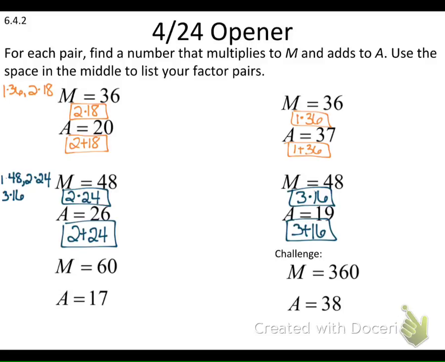All right, moving on down. M equals 60, A equals 17. So 1 times what is 60? 2 times what is 60? 3 times what is 60? 20. 3 times 20. 4 times what is 60? 15.